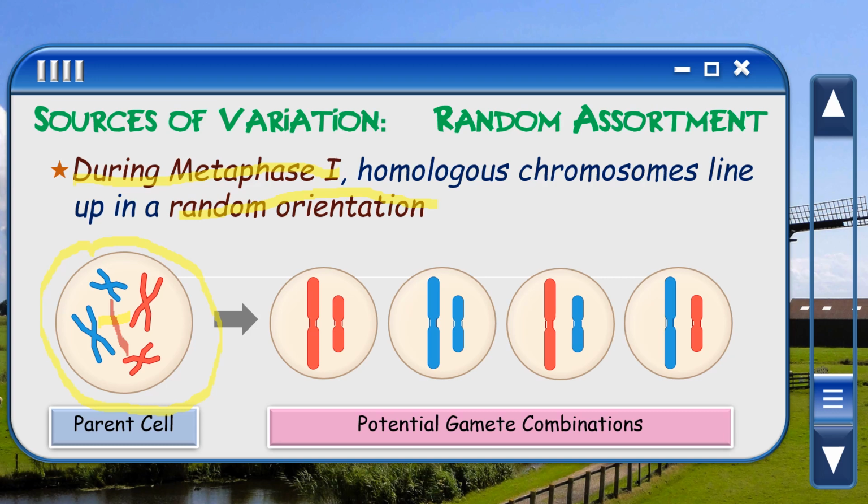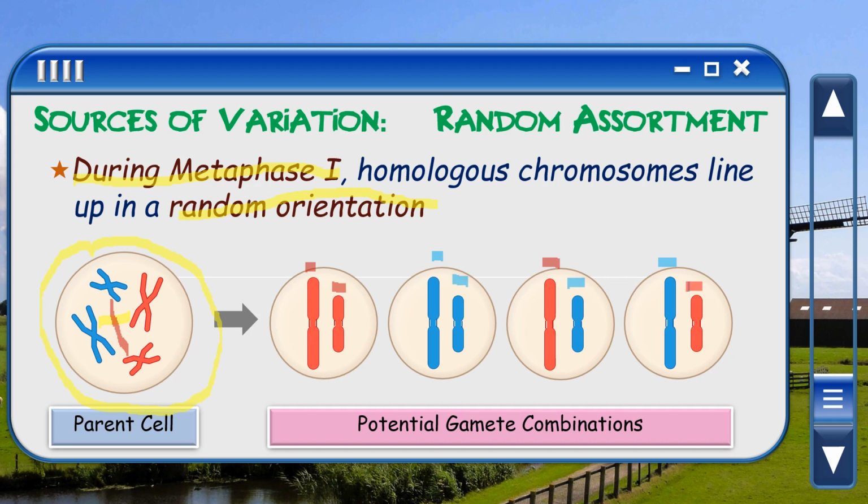There is a possibility that the big red one can go with the smaller red one, or the big red one can go with the smaller blue one. Or the long blue can go with the short blue, or the long blue can go with the short red. That is what we are referring to as random orientation.